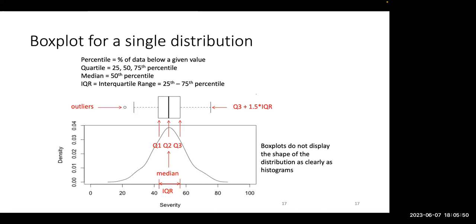And the whiskers are basically Q1 minus 1.5 IQR or Q3 plus 1.5 IQR. It's important to keep that in mind because this is your identification of outliers. And once you know these outliers, you see them in a box plot, and then you have that group of outliers that you really want to look at.